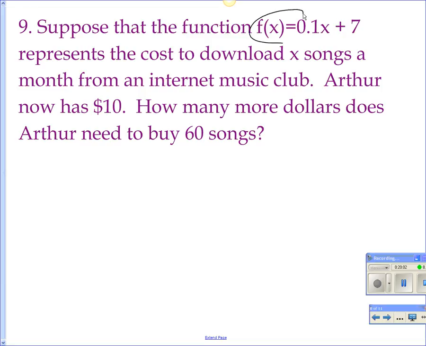The function. Tamara, something else to circle. Good. $10 and 60 songs. And Jacob Shelton, there's one more thing that needs to be circled. Good. X is songs.